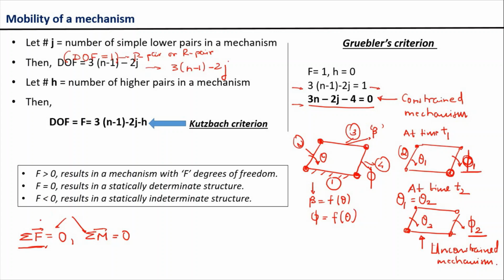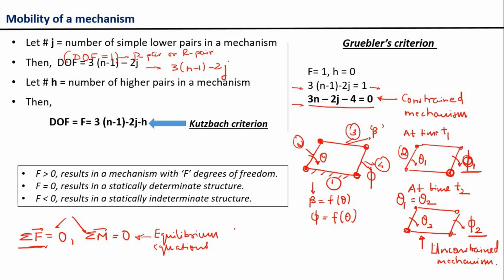Now if F is less than 0, then this mechanism reduces to a statically indeterminate structure. So what is a statically indeterminate structure? A statically indeterminate structure simply means that these two equilibrium equations, that is sigma F vector equal to 0 and sigma M vector equal to 0, are not sufficient to solve the structure.